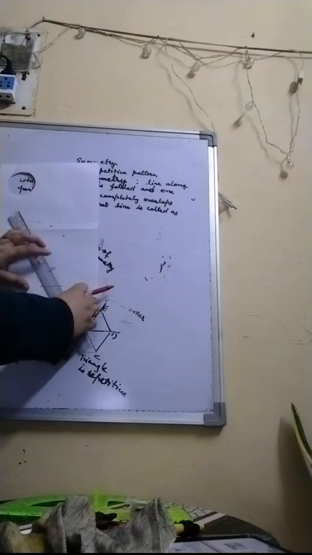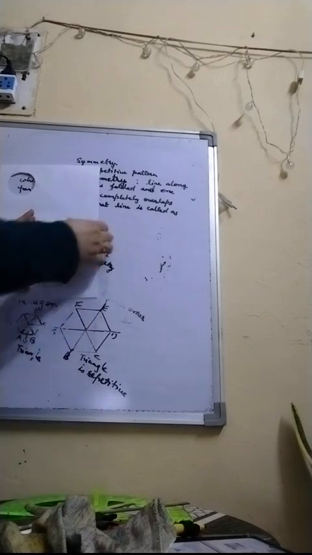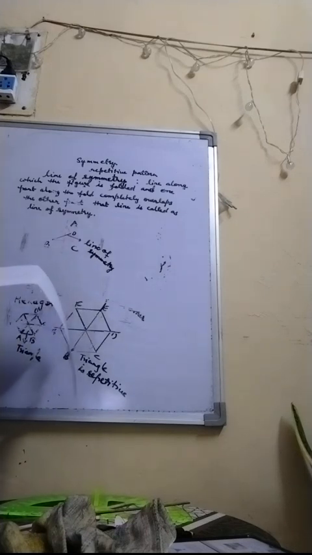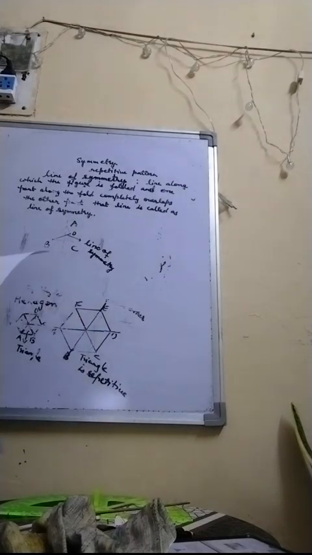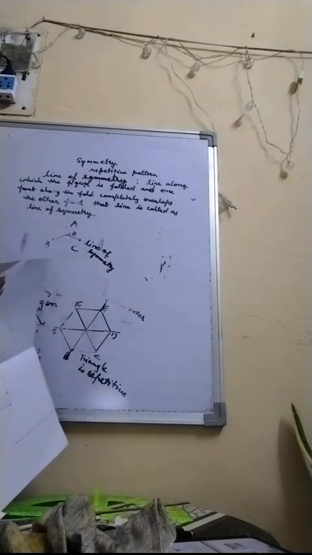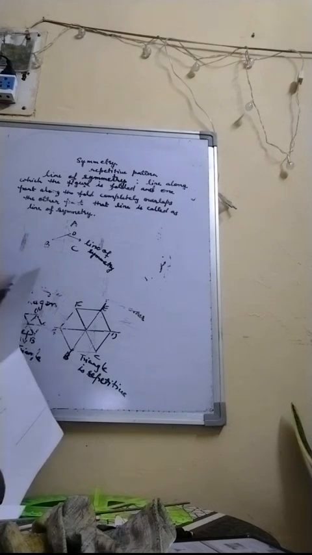So this is my triangle. Now cutting it along the sides of the triangle. So this is a triangle.